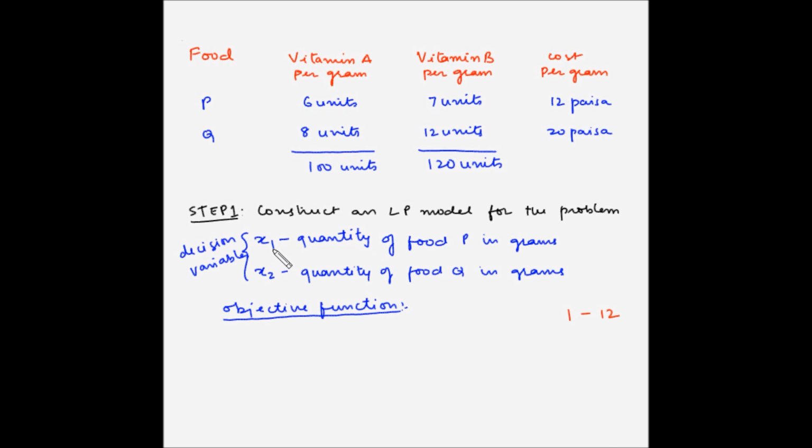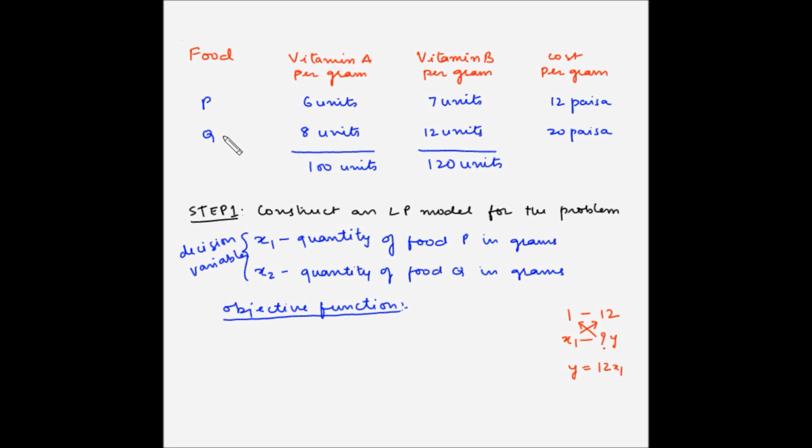Now we are considering the quantity of P as X1 in the final product mix. So for X1, how much is the cost? So cross multiplication, let's say this is Y, and we have to find Y. So Y into 1 is Y is equal to 12x1. So 12x1 is the cost of x1 grams of food P.